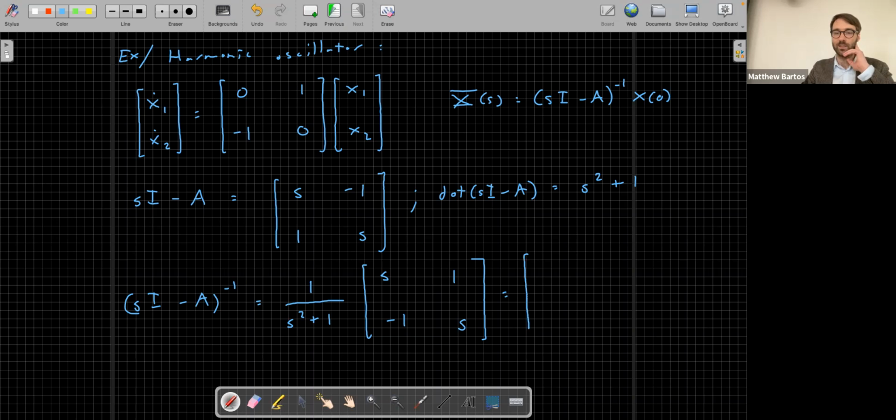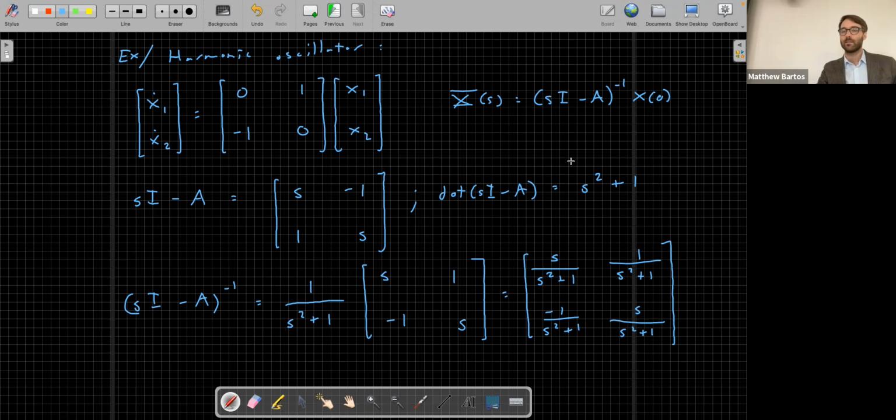So what this will become is s over s squared plus 1, 1 over s squared plus 1, -1 over s squared plus 1, s over s squared plus 1. Okay, this is our expression for (sI minus A) inverse.